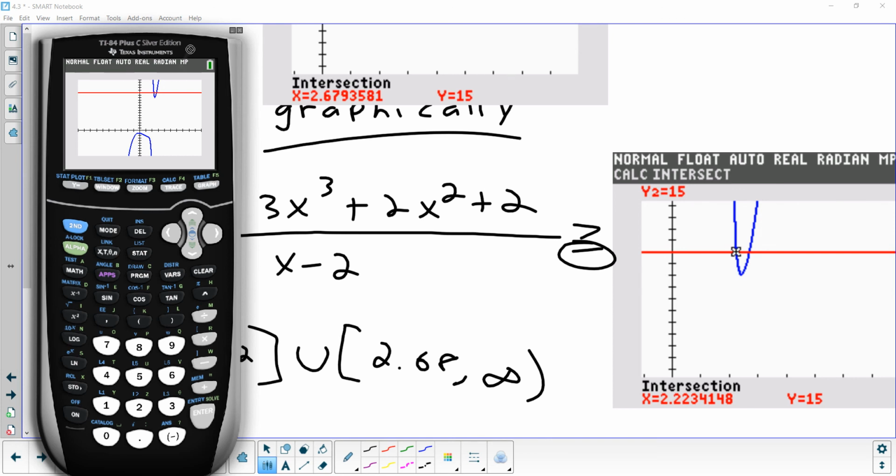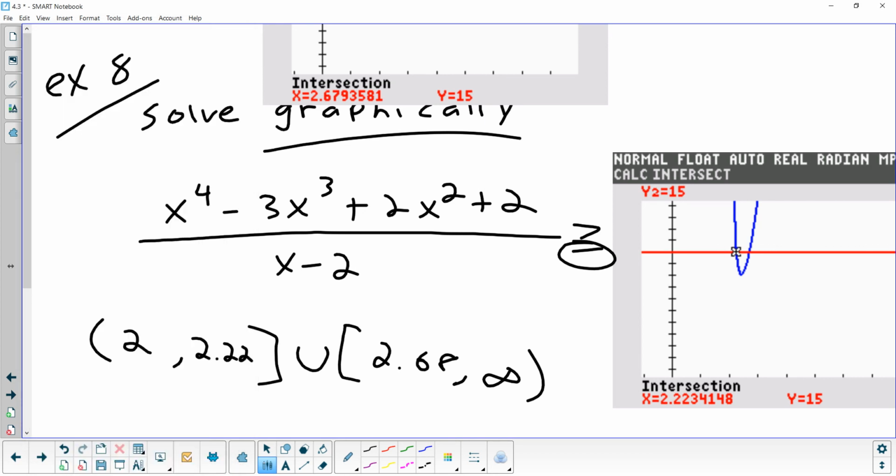That's just going to keep going up. Okay, any question on that one? A little bit tricky, but you got to remember that there is an asymptote here, so do not include the 2. You have to put a parenthesis. But you can include the 2.22 and the 2.68 because of that equal to.